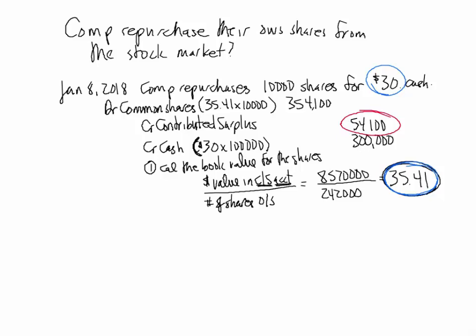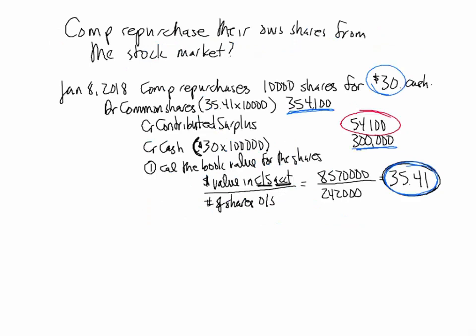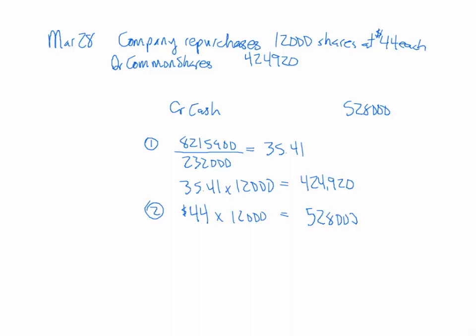Previously, the cash we paid was less, right? We only paid 300,000 and this was 354,000. Now it's the opposite. We're actually paying more cash. So where do we get this shortfall? Here we had excess. Now we have a shortfall. Where are we going to get the shortfall?